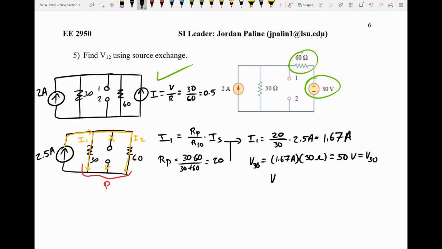and V of 30 is equal to V12. So therefore V12 is also equal to 50 volts.